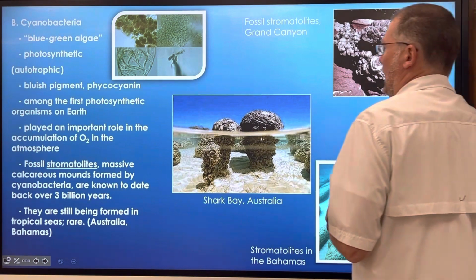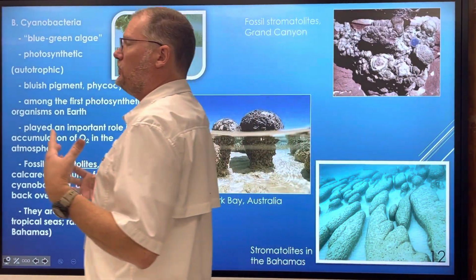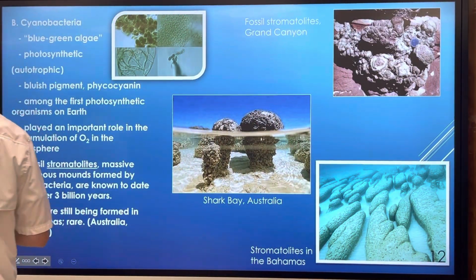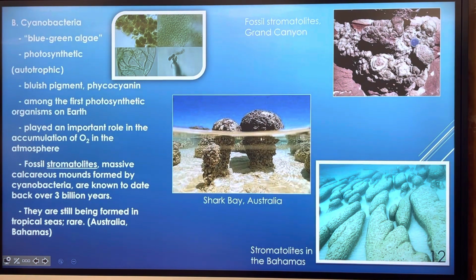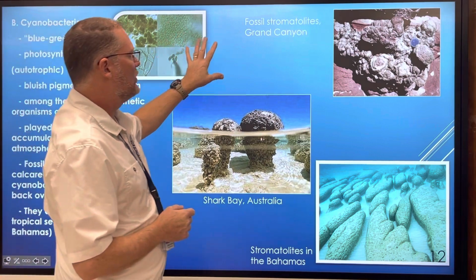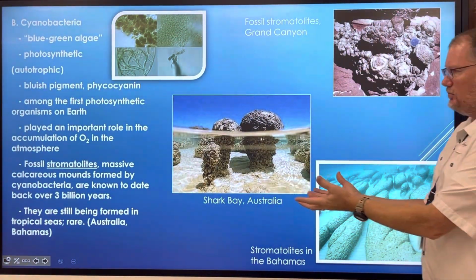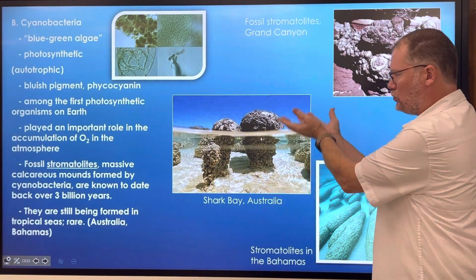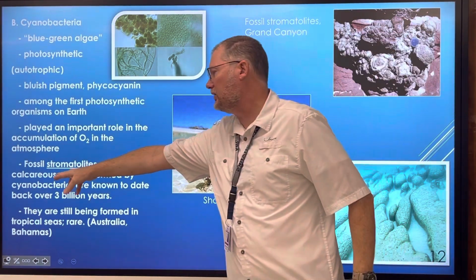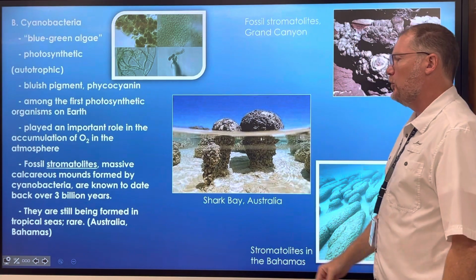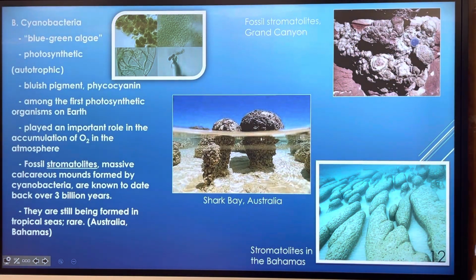Then we have cyanobacteria, and these are some of the oldest organisms on the planet. Also called blue-green algae. They're photosynthetic. They look like this. They have fossils. They build these massive structures made out of stone, calcareous mounds, known to be over 3 billion years old.